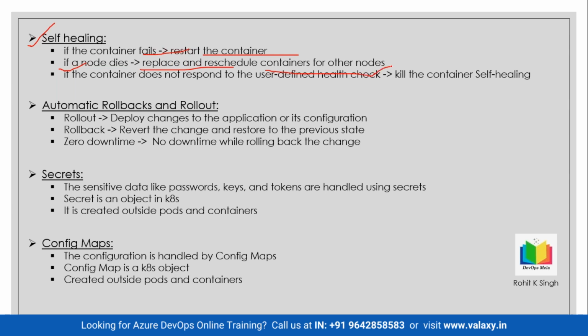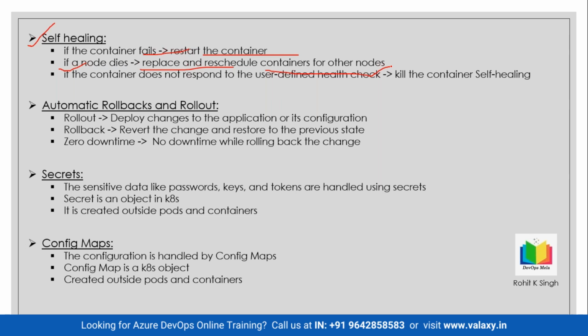So suppose on a particular VM there are 50 containers running, and that VM itself has some issue, like a patching issue, and it got rebooted or restarted. It will wait for some time, or else it will replace all those containers onto a different running node. Automatically this will be done.